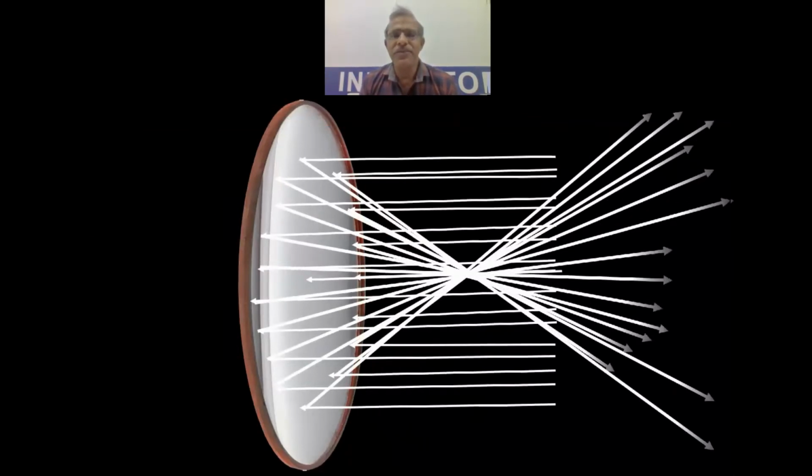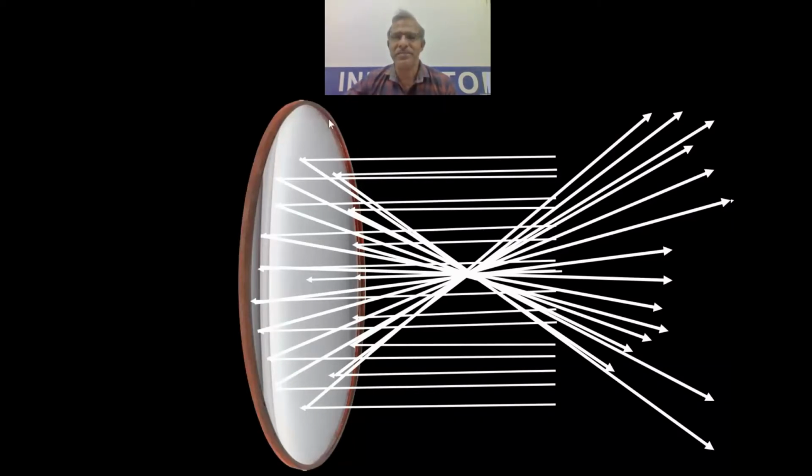What you are watching right in front of you is a convergence of light. Converge means bringing all those lights together at one particular point. Now look at these rays.